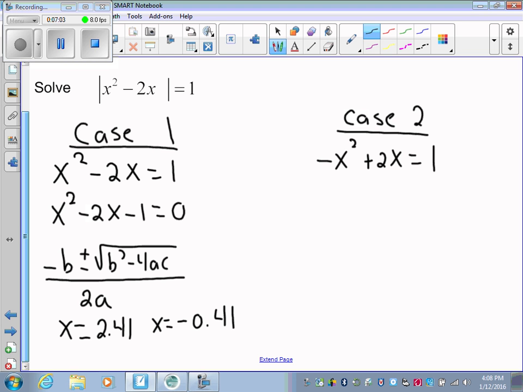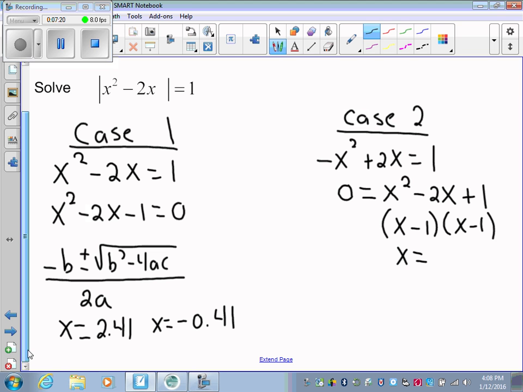Over here, I do the same thing. This time I'm going to move my x squared over to this side. Now this time it will factor, x minus 1 and another x minus 1. So my value is x equals 1. Now it's time to verify to see if this works, each one.